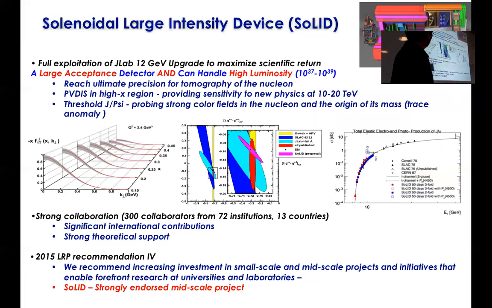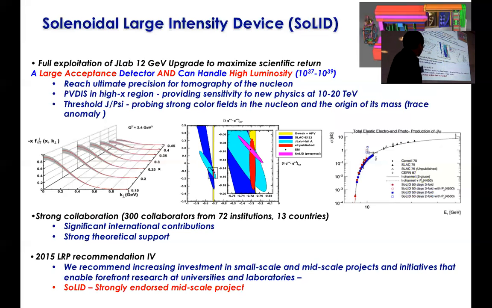And also, we can reach 10^39 luminosity to do a parity violation experiment to make a very unique contribution here. We will also be able to do very high precision threshold J/psi production to contribute to proton mass studies.